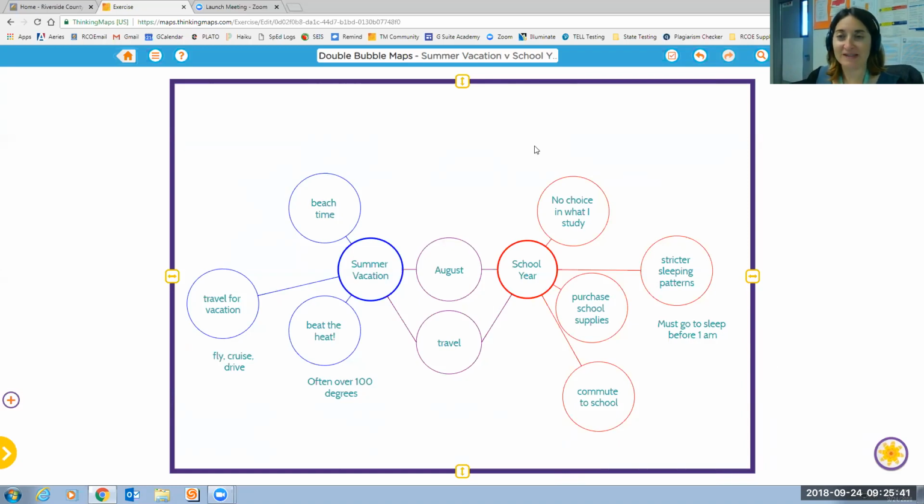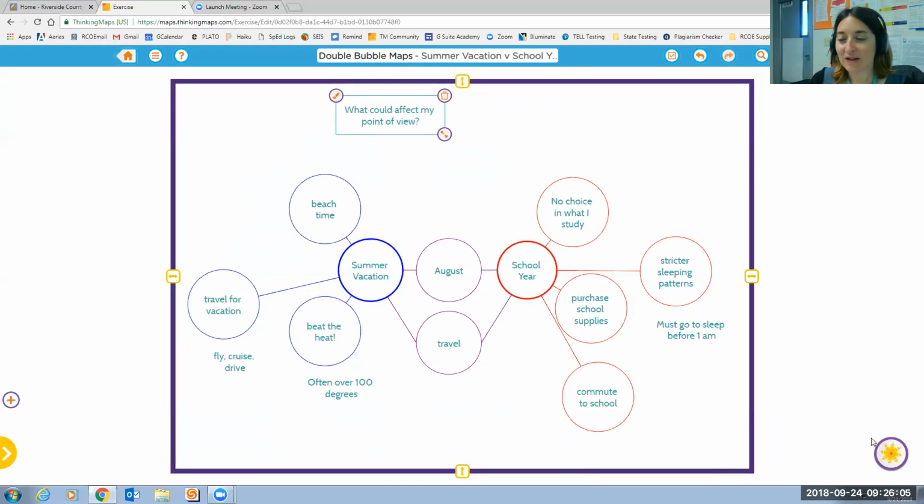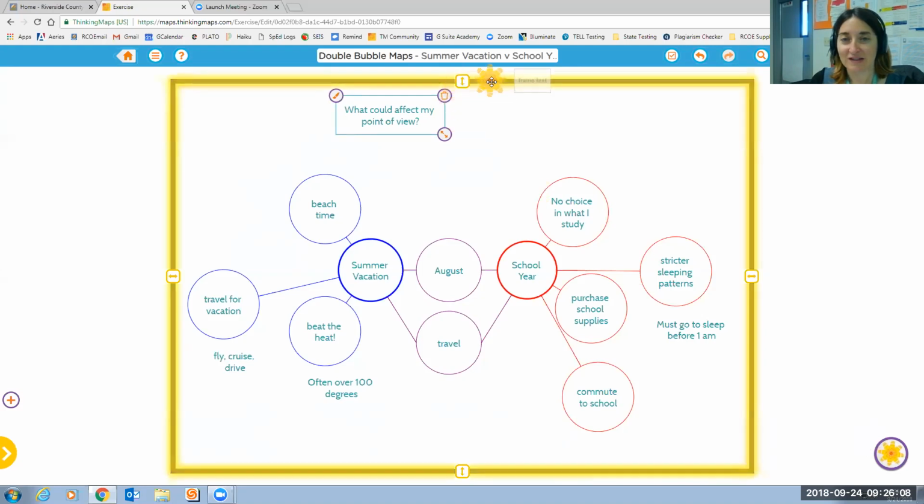So perhaps here we might have the question, what factors could affect my point of view? All right, so in this one, it's asking what factors could affect my point of view? And that would be in my frame of reference.